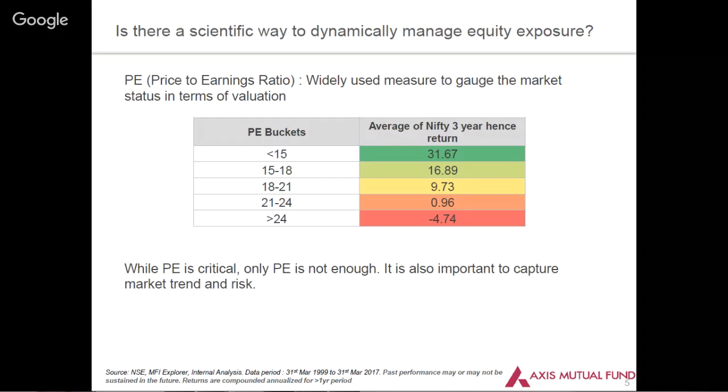Once the model has thrown that number, whatever frequency we run it at, the fund manager has a free hand in terms of the individual stocks and the portfolio construction, as long as the fund manager is able to achieve that target equity percentage that the model has thrown up.